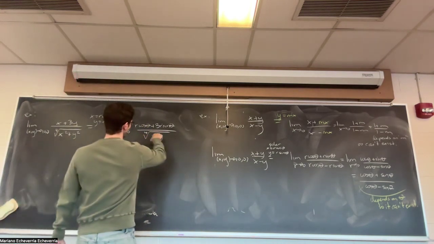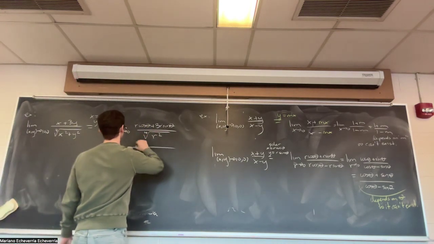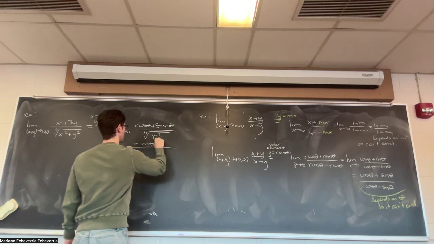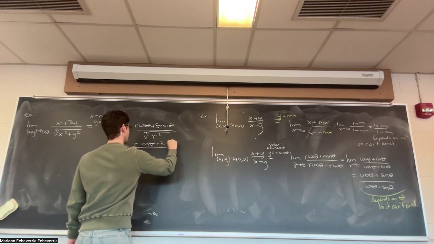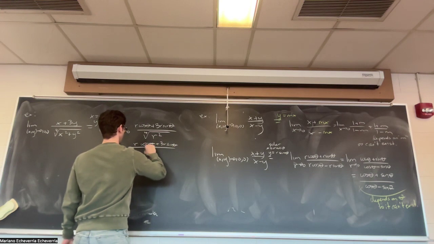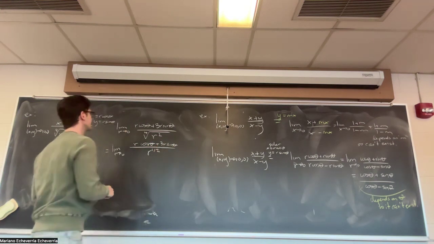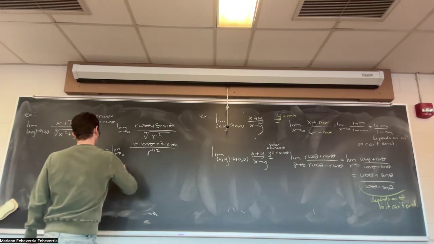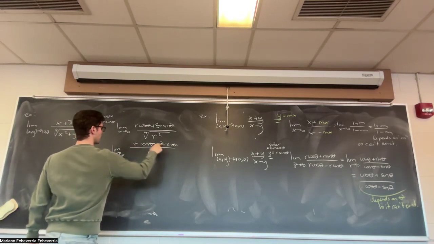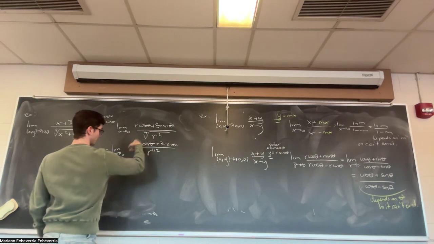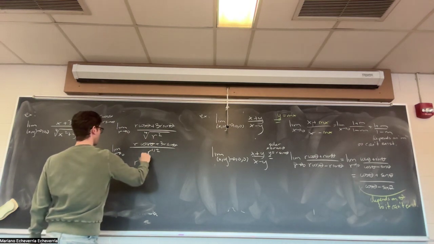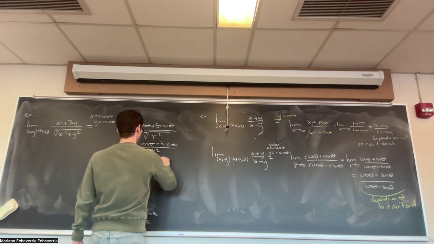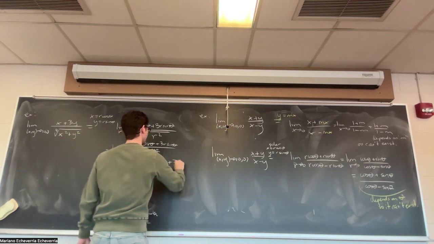I just want an r to the 1/2 here: r cosine theta, sine theta, over r to the 1/2. So there's an r with this r to the 1/2, and you get an r to the 1/2 on the top. So you get a cosine of theta plus 3 sine of theta.